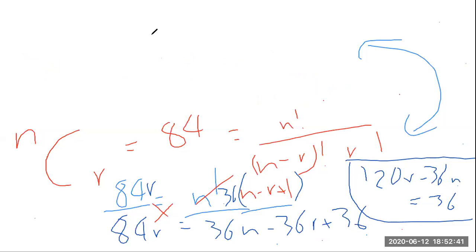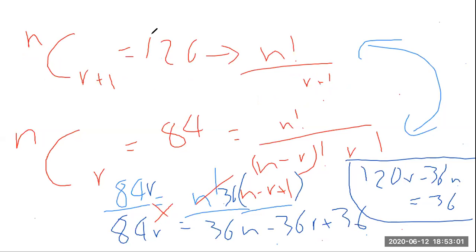So our second expression was nC(r+1) equals 126. Now we can write that out.